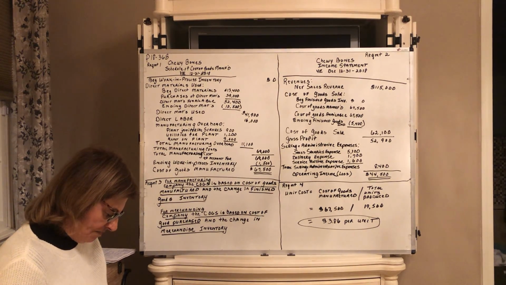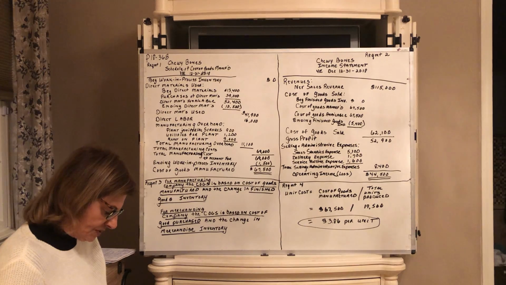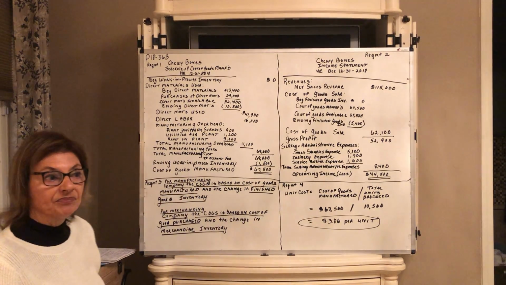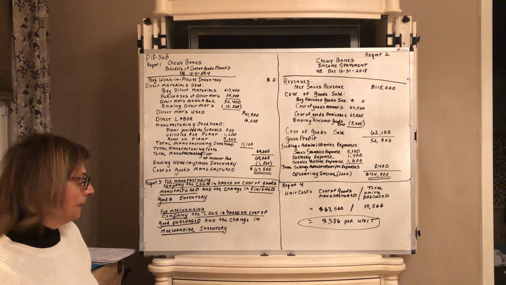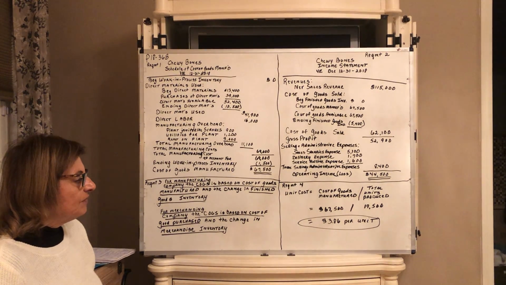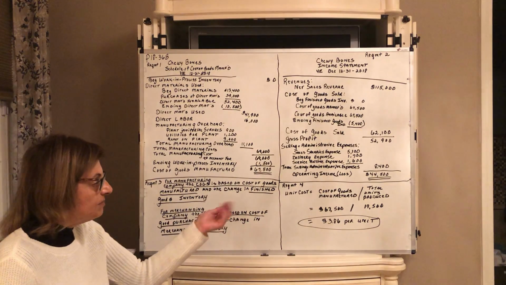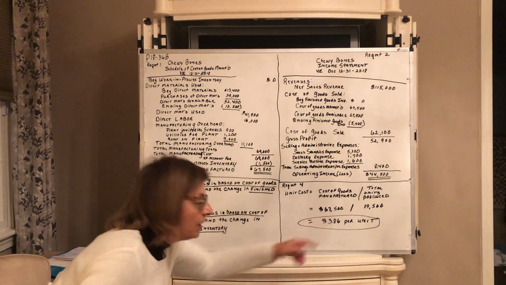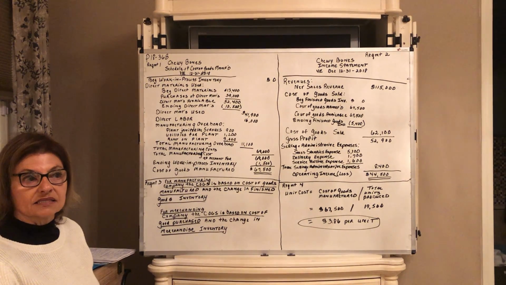In number 4, they manufactured 17,500 units. So that's going to be your divided by. Okay? So 67,500 divided by 17,500 units produced. Every unit cost them $3.86.